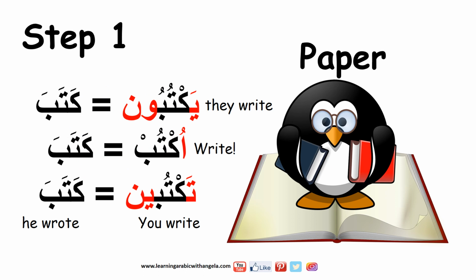So to look up يكتبون, for example, which is they write, you have to render it to كتب, he wrote. Or اكتب, which means write, it has to be rendered to كتب as well. Or تكتبين, which means you write, for the feminine, it has to be rendered to كتب, he wrote.